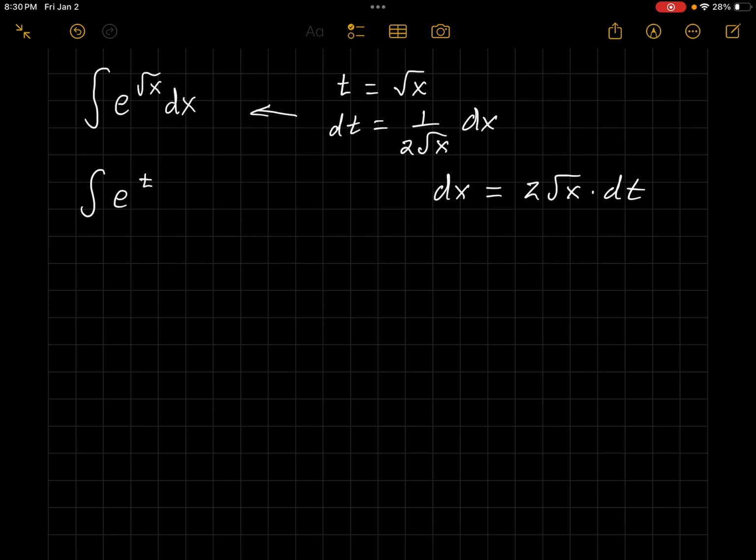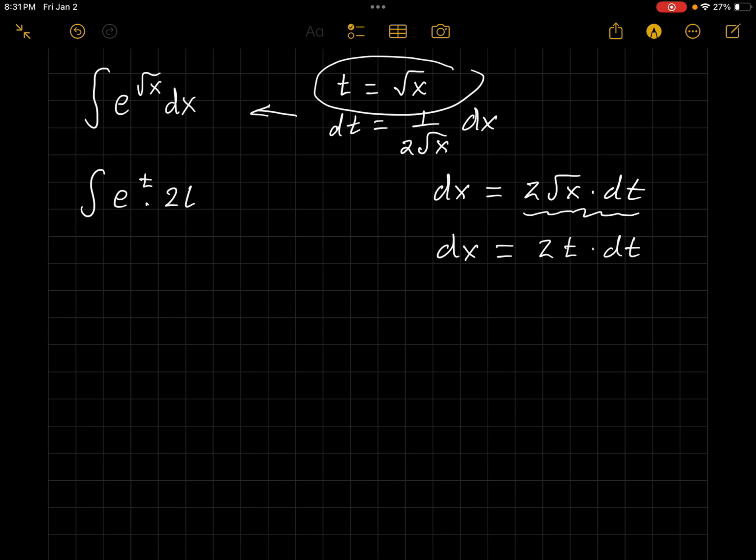I really can't have any x's on this side. So if I continue on and realize that t is root x, I have 2t dt, which I can now substitute in for dx. And this is an integration by parts.